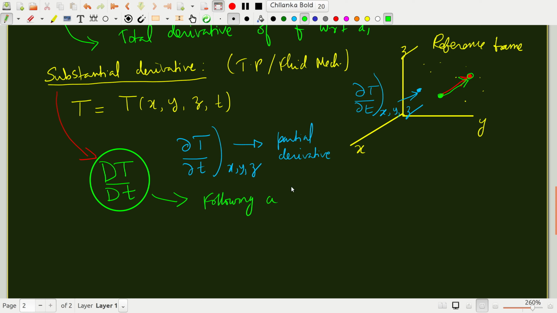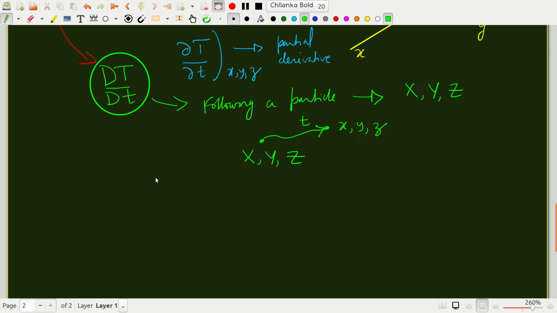Following a fluid particle means labeling a particle in terms of its initial position, capital X, Y, Z. Suppose I have a particle at time t equal to 0, its location is capital X, Y, Z, and as time changes this particle moves elsewhere. At a later time t, the same particle occupies the current location x, y, z.